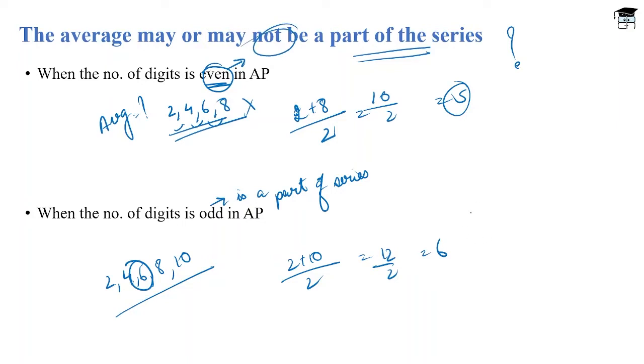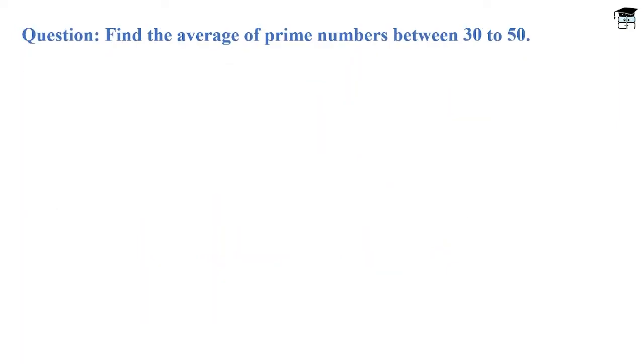I hope this is clear to you all. So we are just doing the basics first so that your concepts are clear, and then we move on to an advanced level. Alright. So first you have to be mastered with your basics. Let's see the first question now. The question says, find the average of prime numbers between 30 and 50. Can you tell me the prime numbers between 30 to 50?